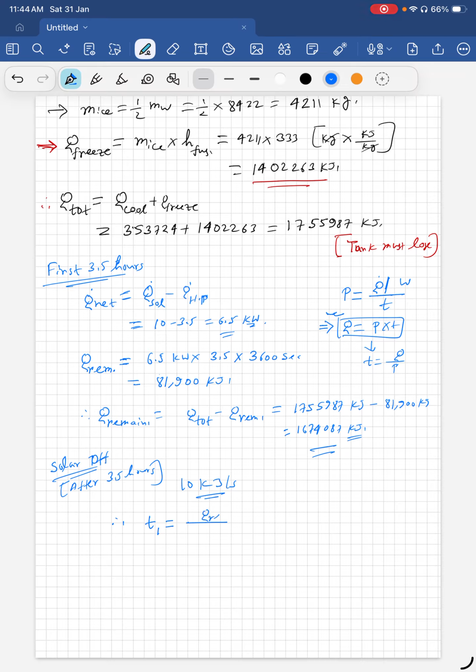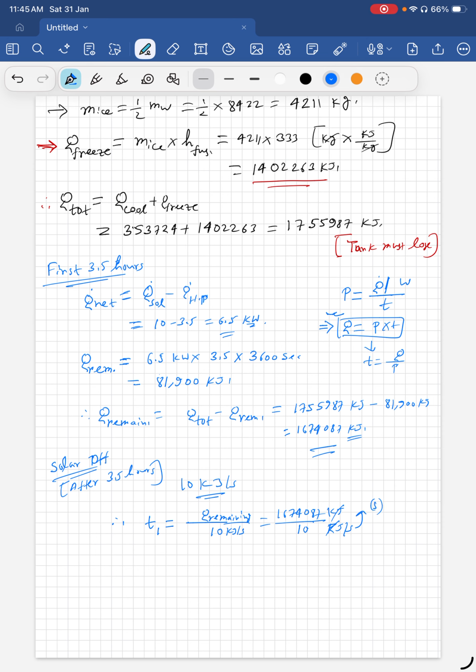So Q remaining upon the power rate of 10 kilojoule per second. So Q remaining is 1674087 at the rate of 10 kilojoule per second. Kilojoule cancels, and it will be in seconds.